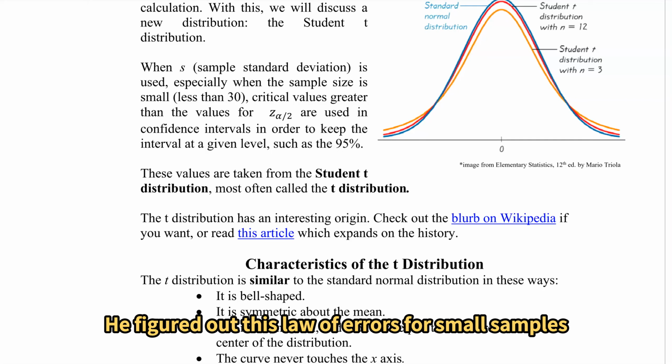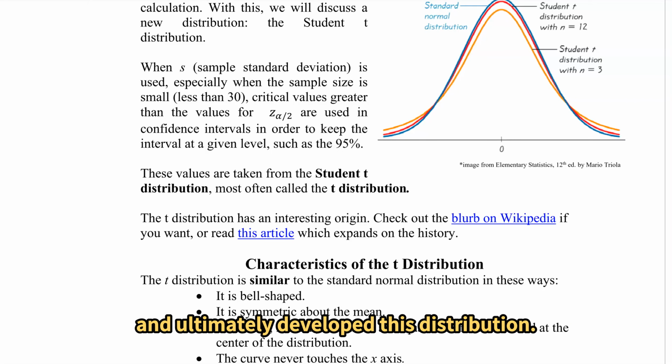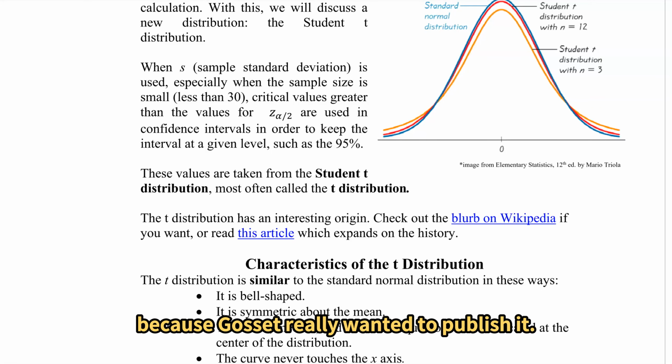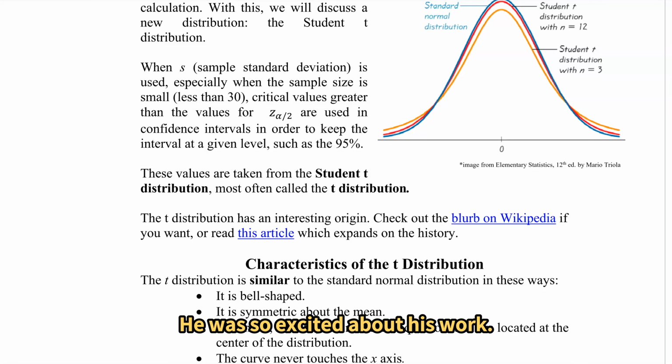He figured out this law of errors for small samples and ultimately developed this distribution. It's called the student t distribution instead of Gossett's distribution because Gossett really wanted to publish it. He was so excited about his work, he really wanted to get it out there and share it with the world.